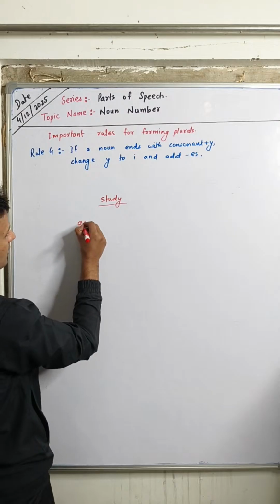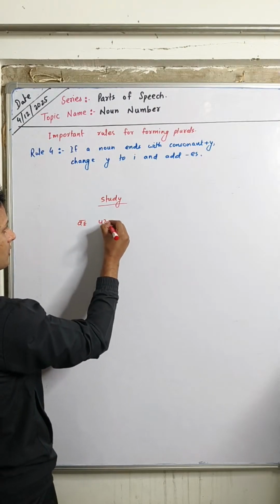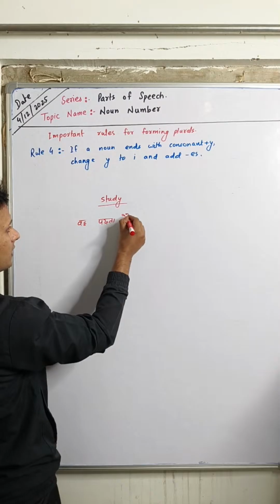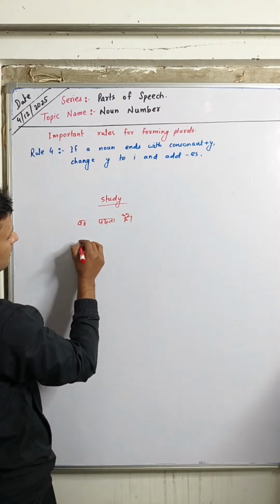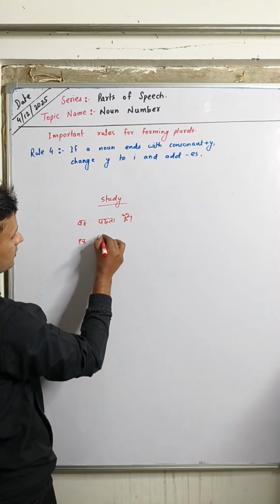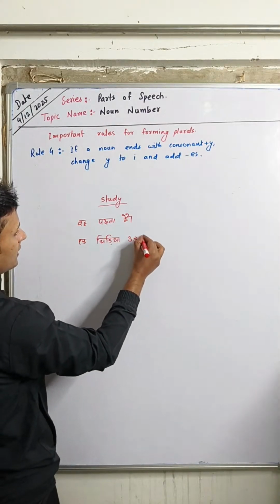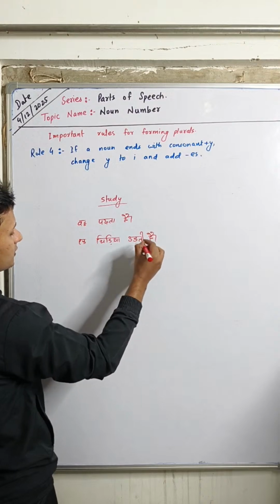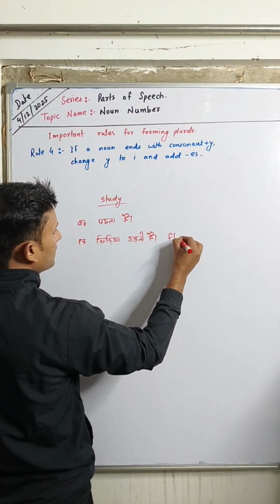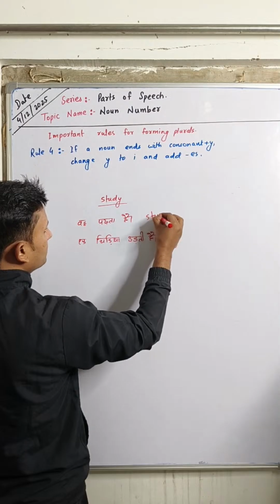For example, वह पढ़ता है, right? एक चिड़िया उड़ती है. So here the verb is fly, here the verb is study.